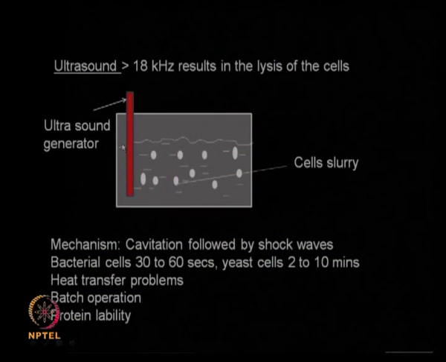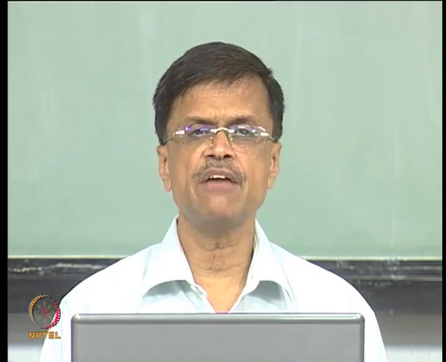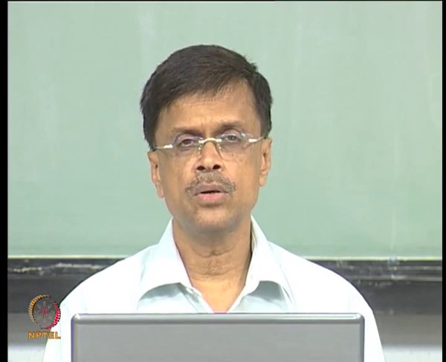You have a container and you have the slurry, that means cells and liquid or water inside, then you have an ultrasound generator. This generates ultrasound which gets transmitted inside the cell slurry, and the cells feel the high energy and because of that they break. Basically the mechanism is through cavitation or shock waves.